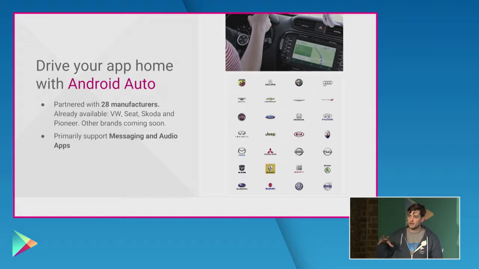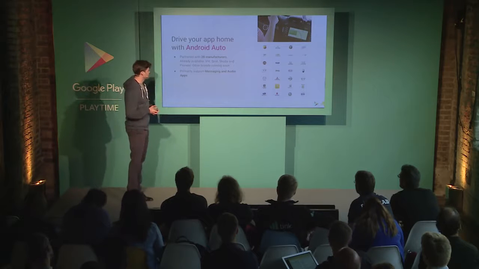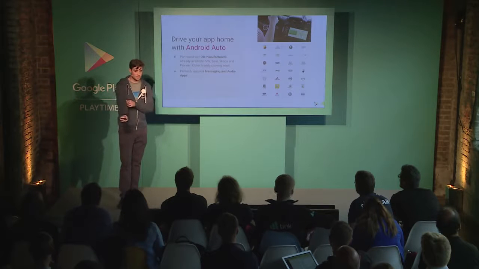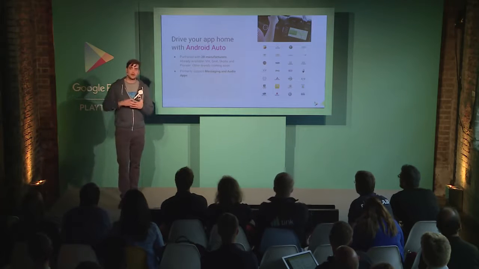And in Europe, you can buy Pioneer aftermarket upgrades for Android Auto. We've signed up 28 manufacturers, who are coming soon to also offer Android Auto experiences. So if you have apps in the messaging space or in the music space, now is a really great time to build a footprint there.